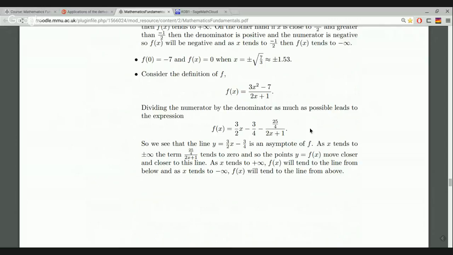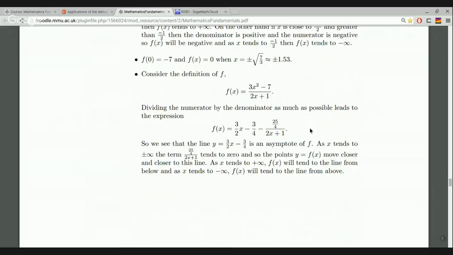And then you try and rewrite it again. You see you've got 3/2x times 2x plus 1. Now this part you try and write in terms of 2x plus 1. So what do you do to that in order to obtain minus 3/2x? Well, you have to multiply it by minus 3/4, don't you?